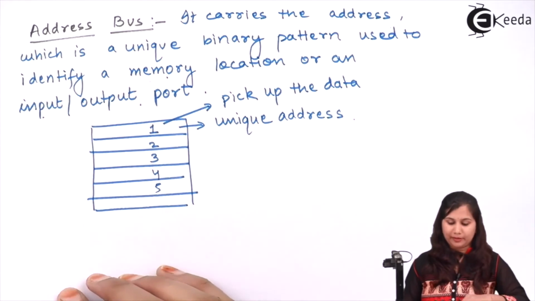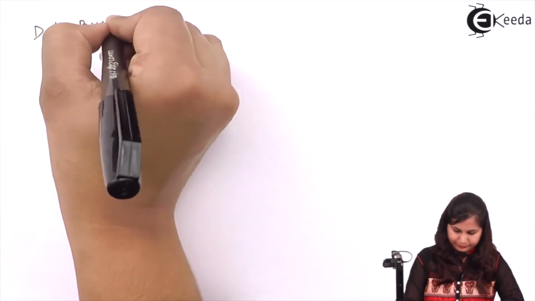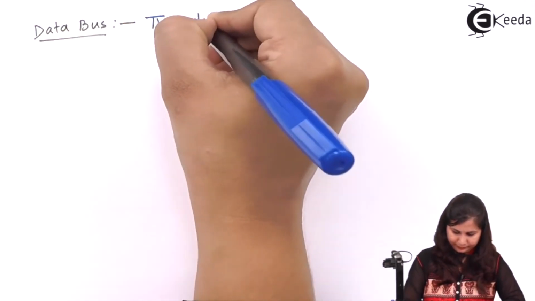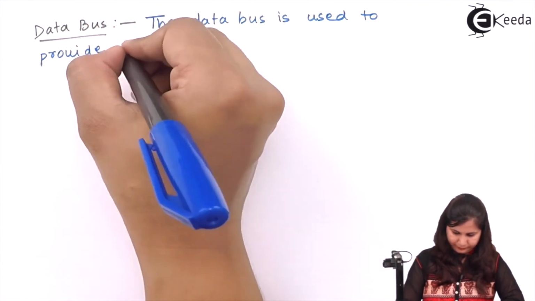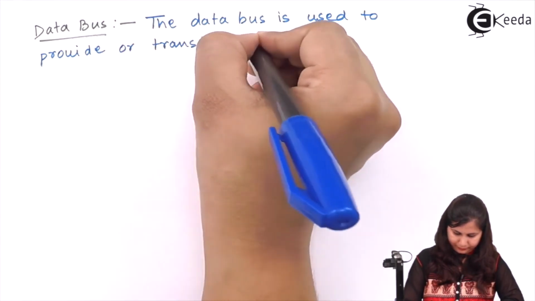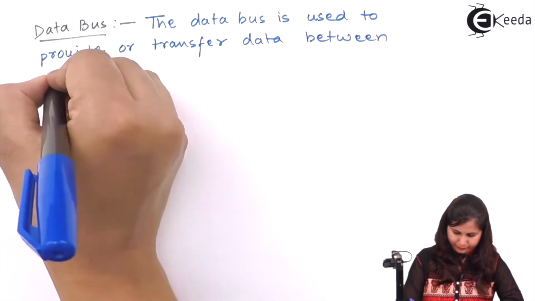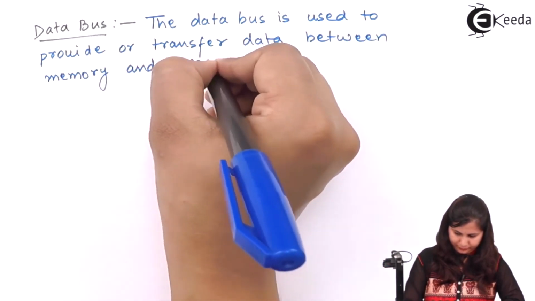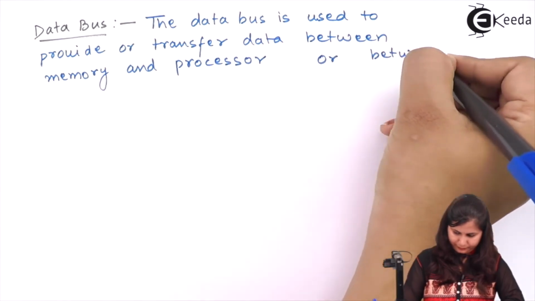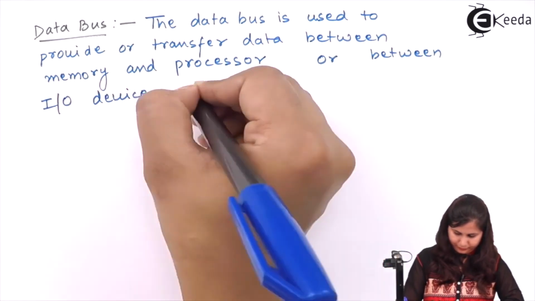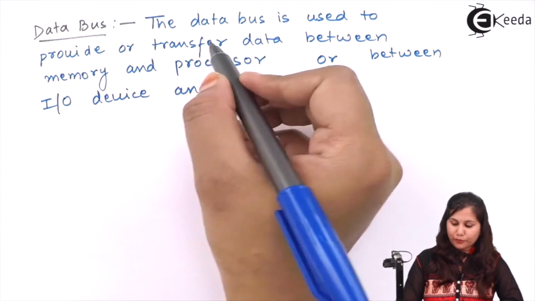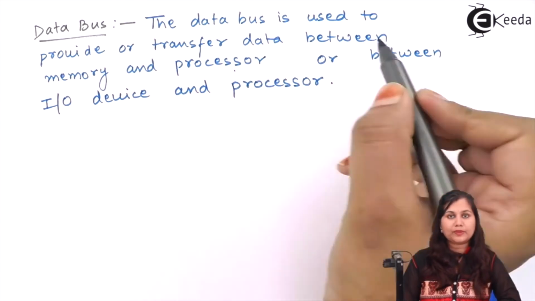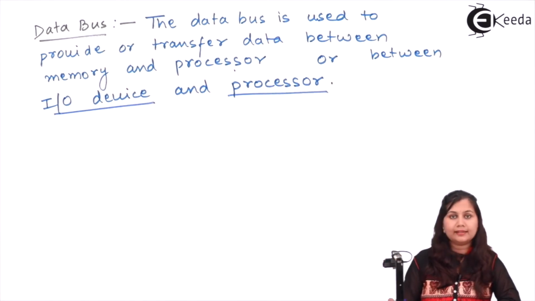Next we have the data bus. The data bus is used to transfer data between the memory and the processor, or between the input output device and the processor.